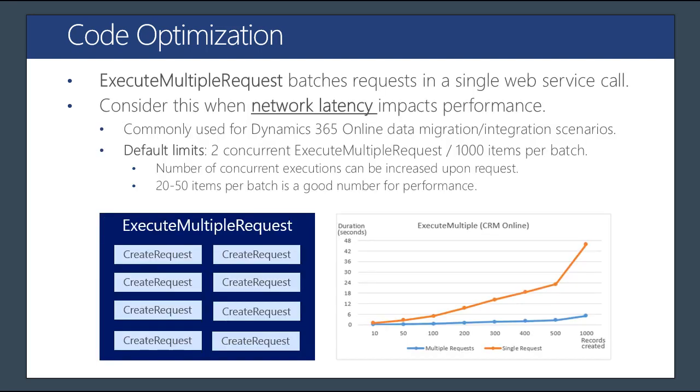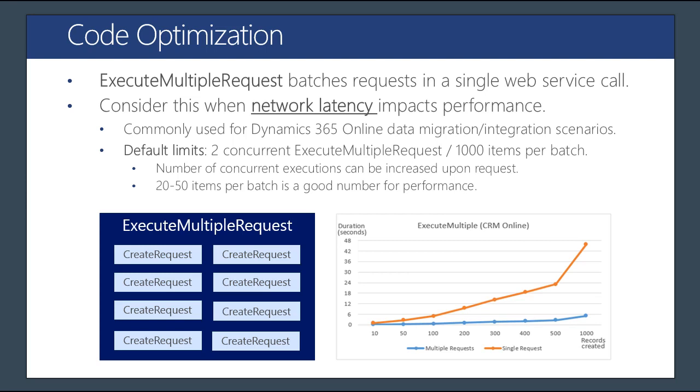In the next slide, we have the difference basically between execute multiple requests and single requests. In most scenarios, this is used for data migration. By default, you have two concurrent execute multiple requests, and you can batch 1,000 items. You have here a simulation that was done of the difference between execute multiple with batches and single requests.